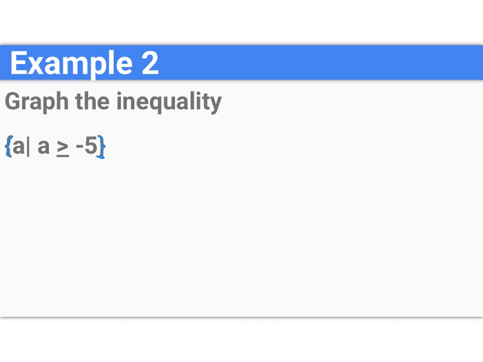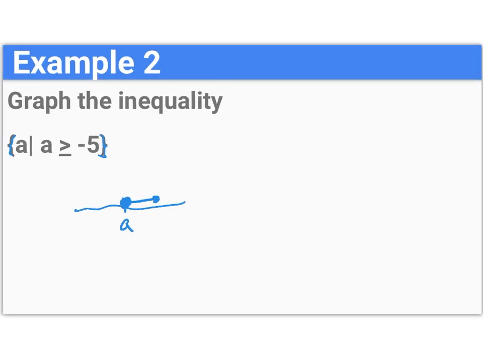If you're ever wondering what all of that stuff means, it's the set of all numbers identified by A that are greater than, closed circle, -5. A represents any number in the solution set. And put a 0 for reference. So any number to the right of -5 is in the solution set.